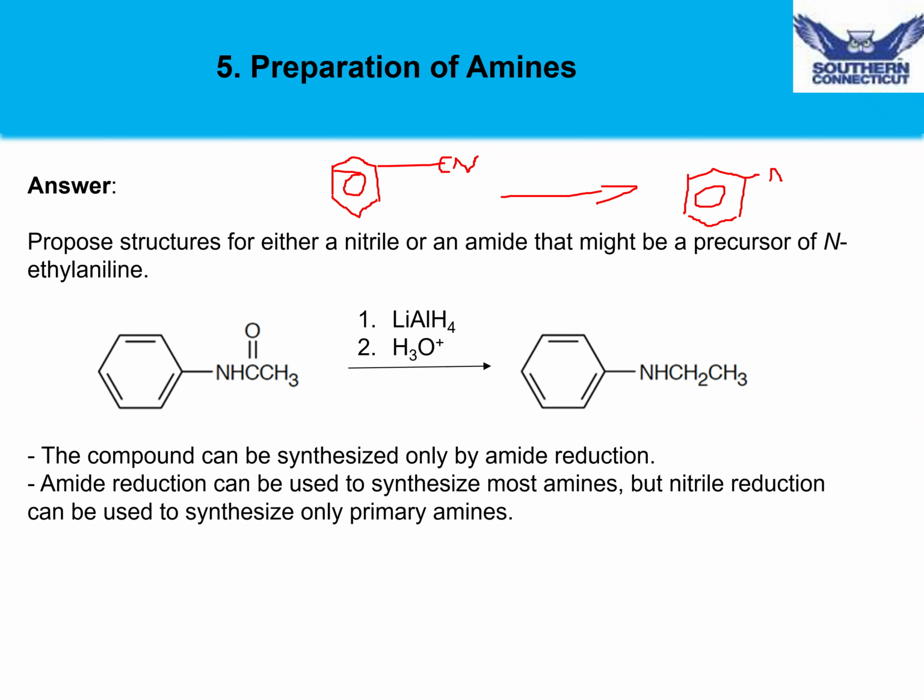So at least in this example, from a nitrile, we would not have direct access to N-ethyl aniline. We would have to do another reaction in order to add the ethyl group.